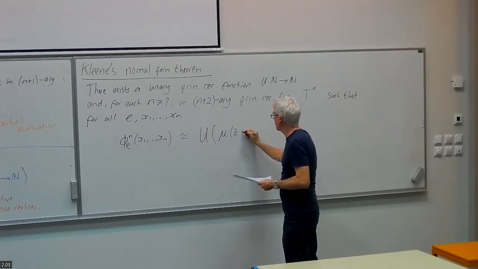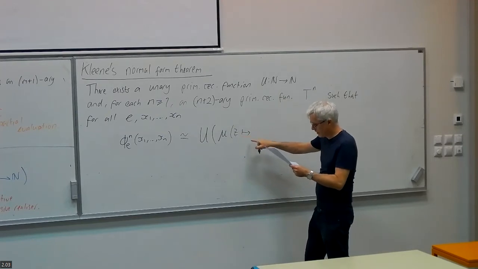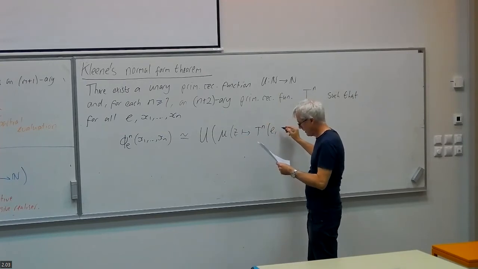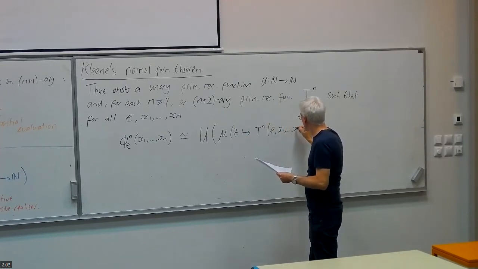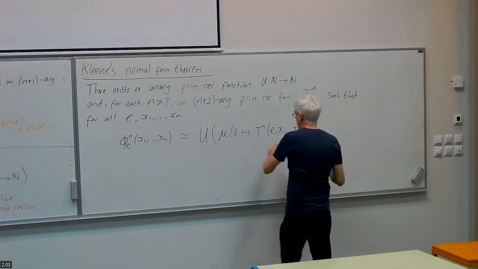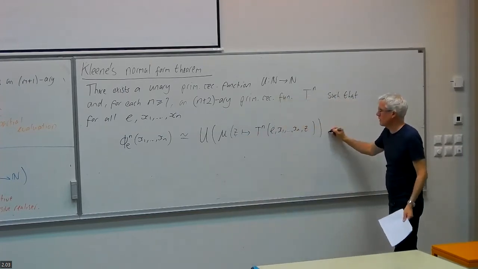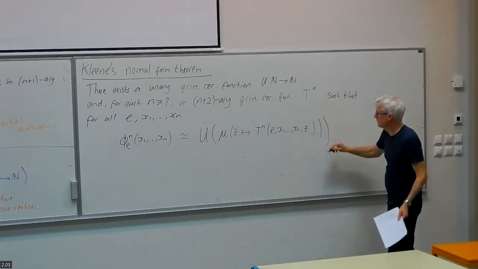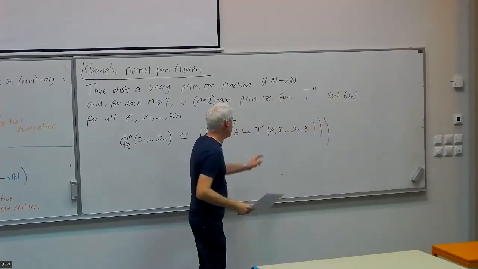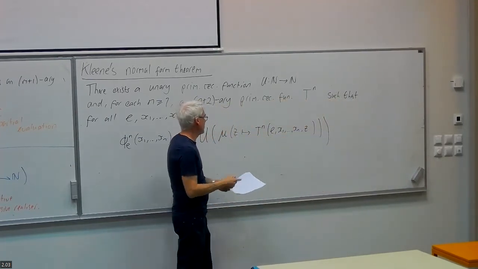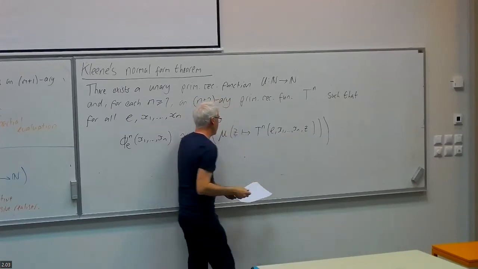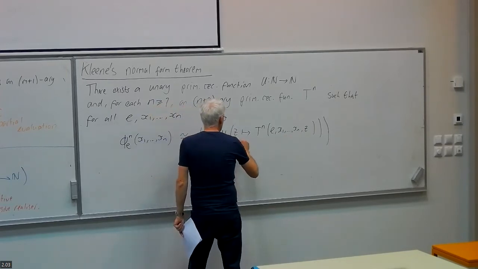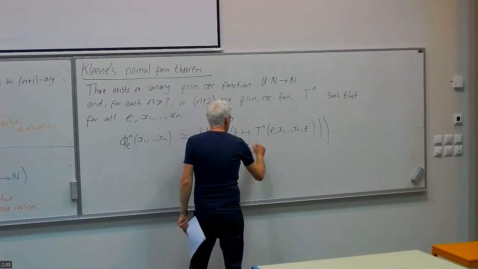So I'm going to write it like this, minimizing the function that takes z to t^n of e applied to x1 through to xn and z. Remember, t superscript n is an n plus 2 argument function. Let's count the brackets, 1, 2, 3. This is an n plus 2 argument function, but the last argument is the argument we're minimizing. I could have just written it t^n of e x1 through to xn.